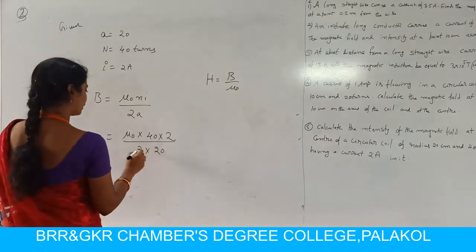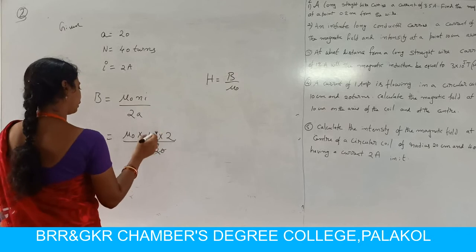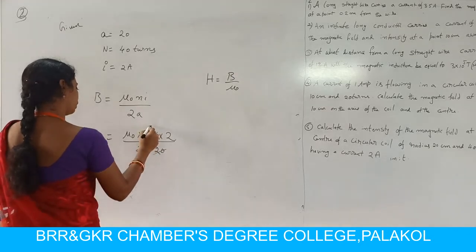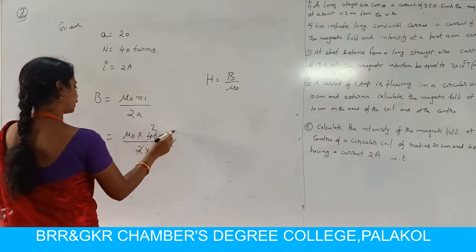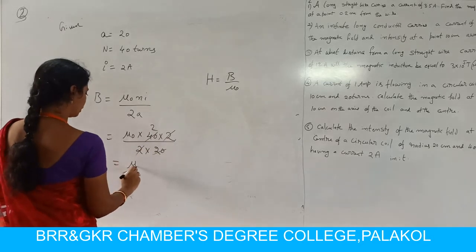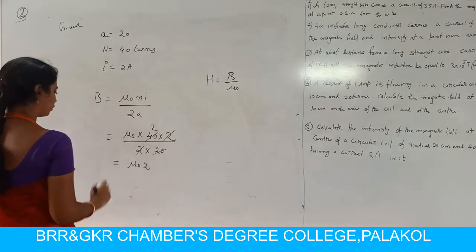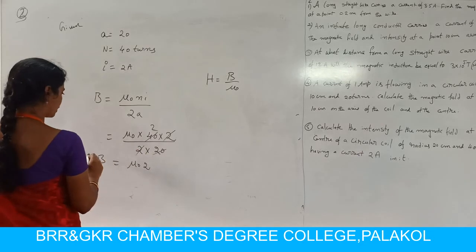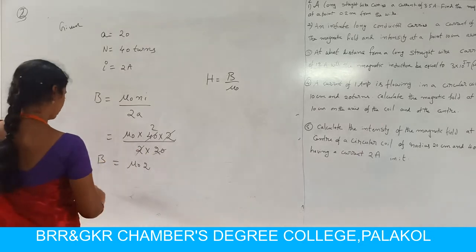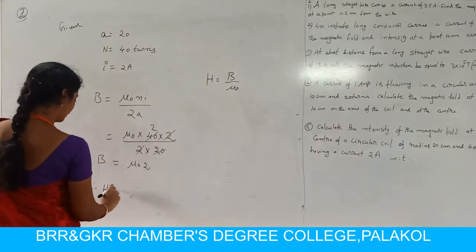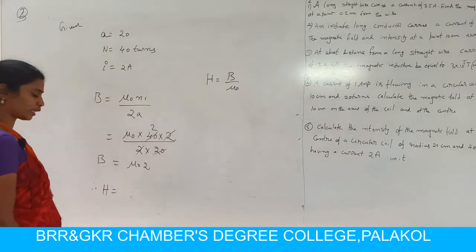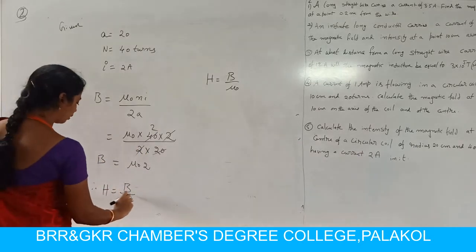Here, cancelling this 20 in 2 times and this 2, we have B equal to 2 mu naught. For H, the intensity of magnetization, H is equal to B by mu naught.